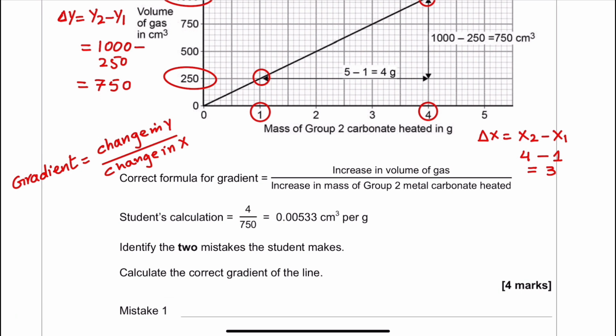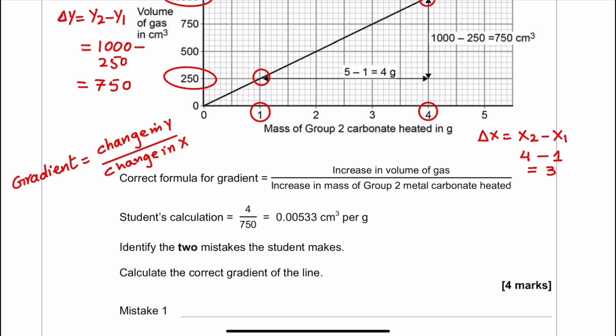The correct formula for the gradient is increase in volume of gas over increase in mass of group 2 metal carbonate heated. The student's calculation is given here, and the answer is given: 0.00533 cm cube per gram.